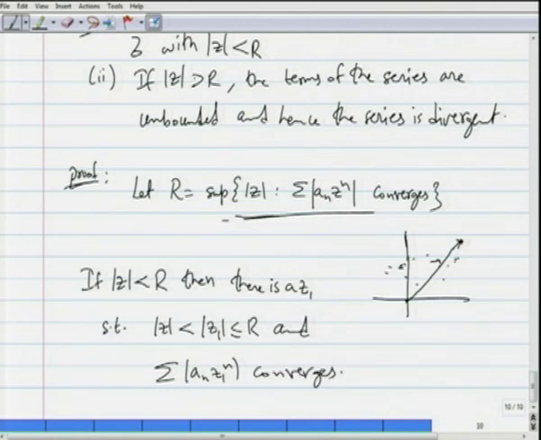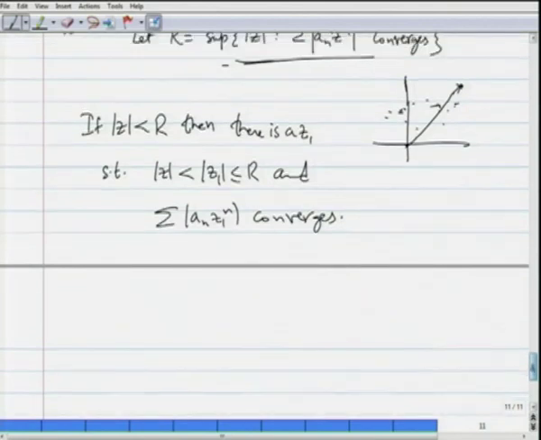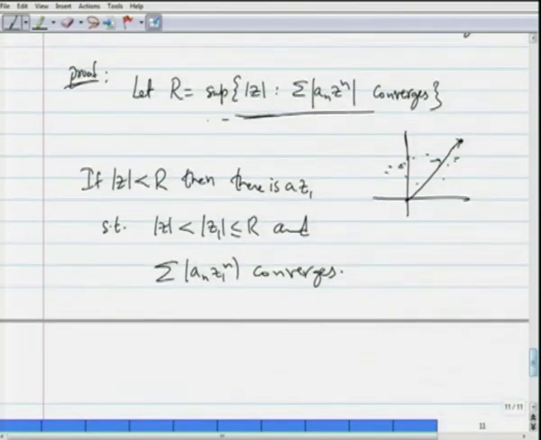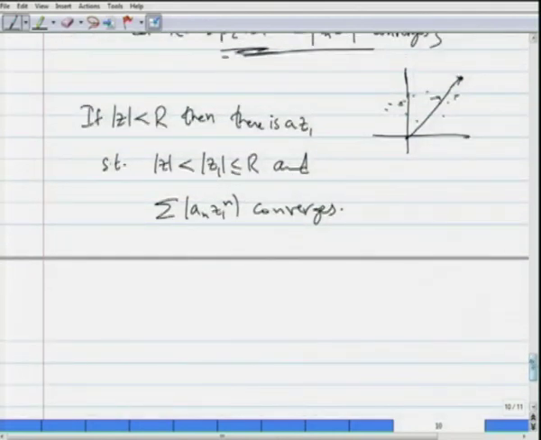So, the series sigma absolute a_n z1^n converges, and there is such a z1 between mod z and R, by the definition of R itself, since R is the supremum of such mod z's.